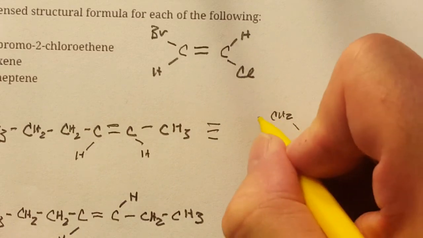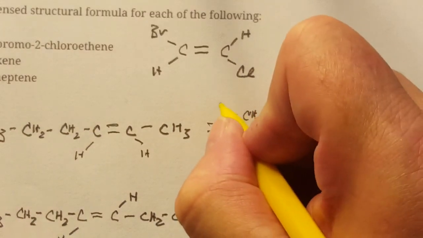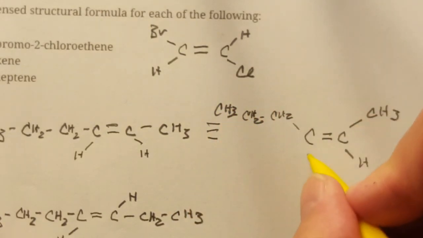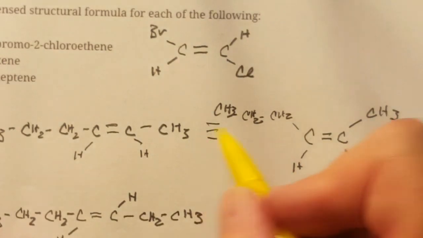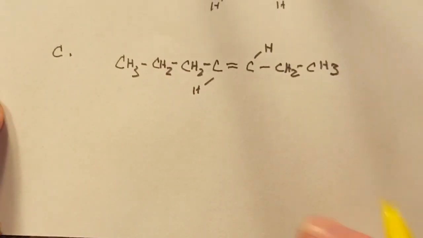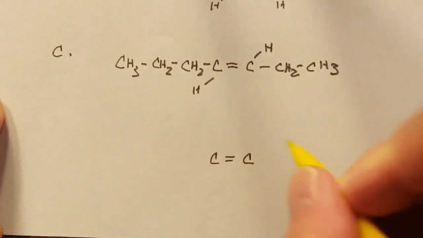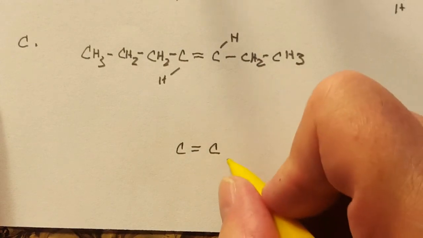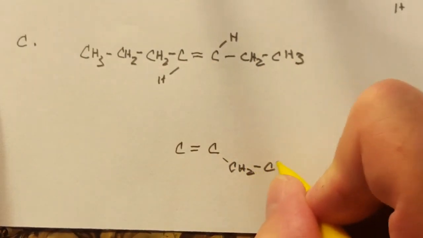CH2, CH2, CH3. These are equivalent structures, or I could have drawn this one. Put this group down here, CH2, CH3.